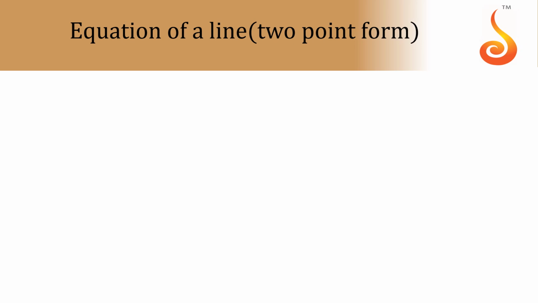2-point form. 2-point form is not a special one, because if you learn the basic one, you can convert this 2-point form to the basic one. So to write the equation of a line, I need a point on the line and a vector along the line. Now when I have 2 points, can I say I have a vector b bar minus a bar along the line?